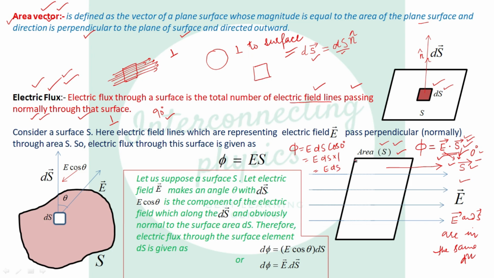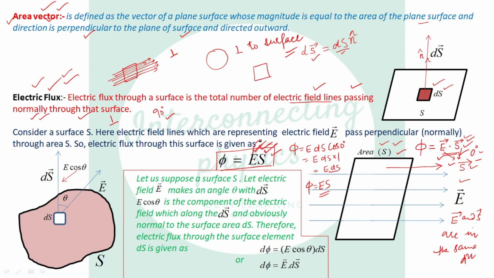Now if we take the whole area S, we write instead of dS, phi equals E S if we take the area as S. That's why we have taken phi equals E S, because in this relation we have already supposed that the electric field and the area vector are in the same direction, that is, the electric field is perpendicular to the surface and the area vector is always perpendicular to the surface.